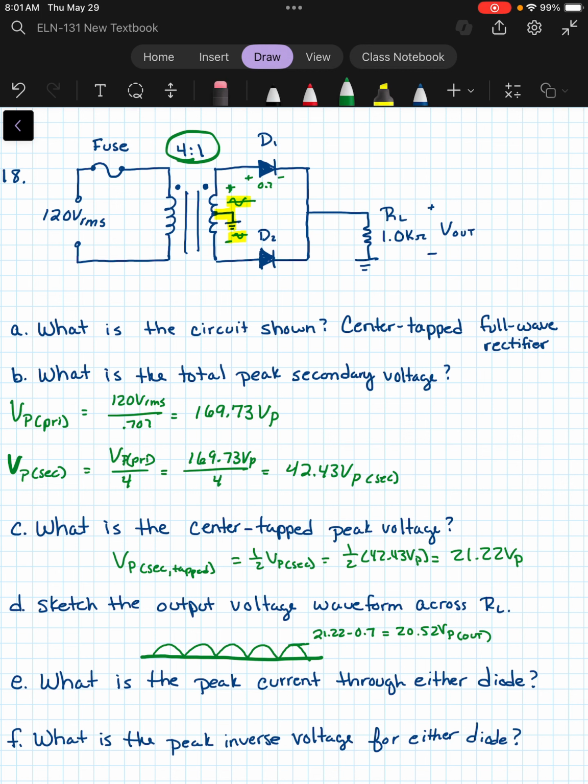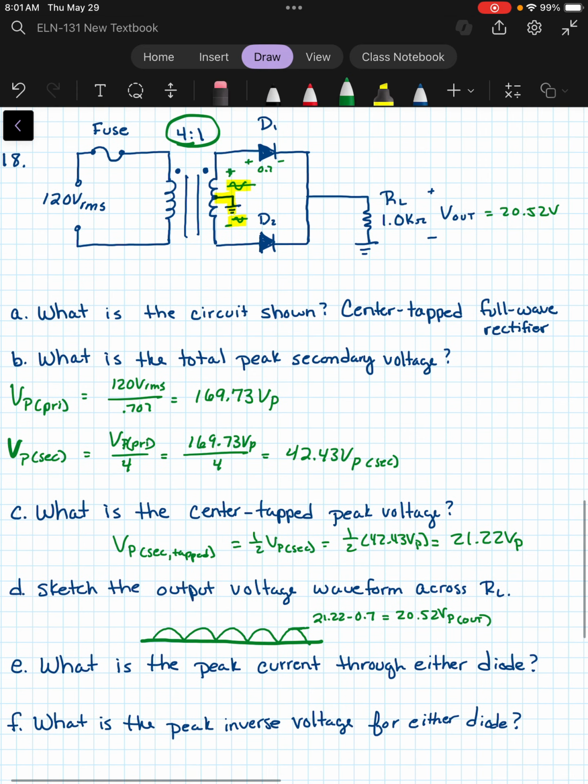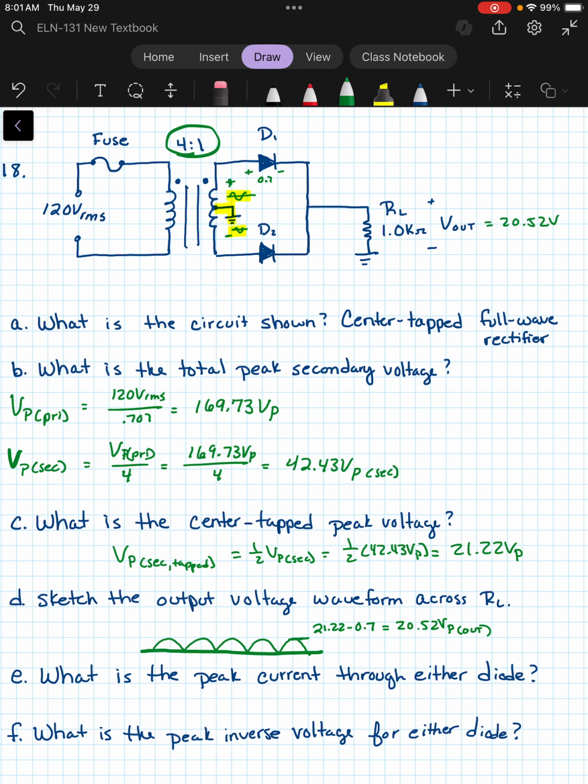And what is the peak current through either diode? So if we have a V out, the peak is at 20.52 volts. That's the highest the voltage is going to be. Then if we divide that by the 1K, that'll give us the peak current. And that current is what we'll see through each diode. Because on the positive going side of our signal, D1 will be supplying the current here.